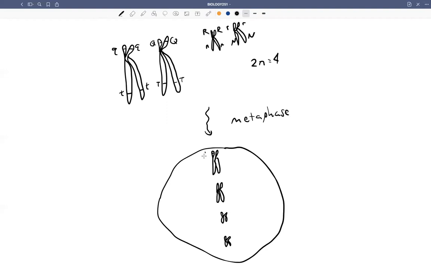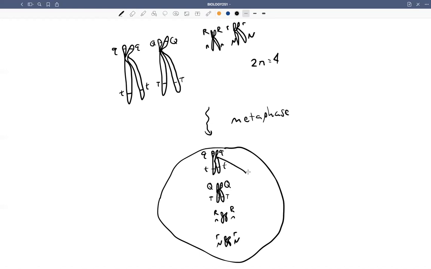I can put them in the same order. I can put them in a different order. It doesn't matter what order the chromosomes are in here, because the left half of what I've drawn should be the same as the right half from an allele perspective. But I think I'll just keep things as familiar as I can for now and keep all the same genetics in the same order as we drew.